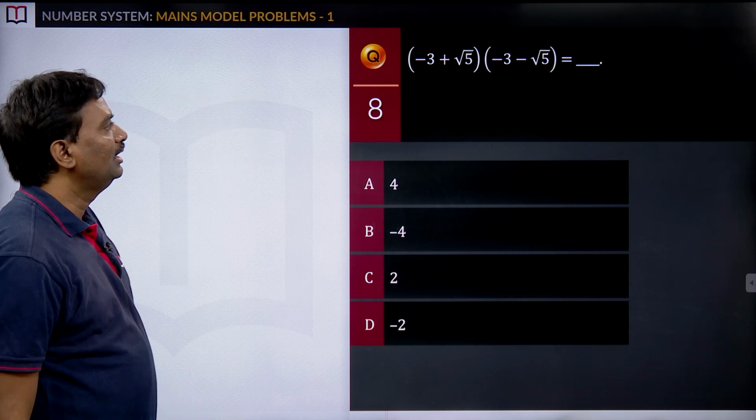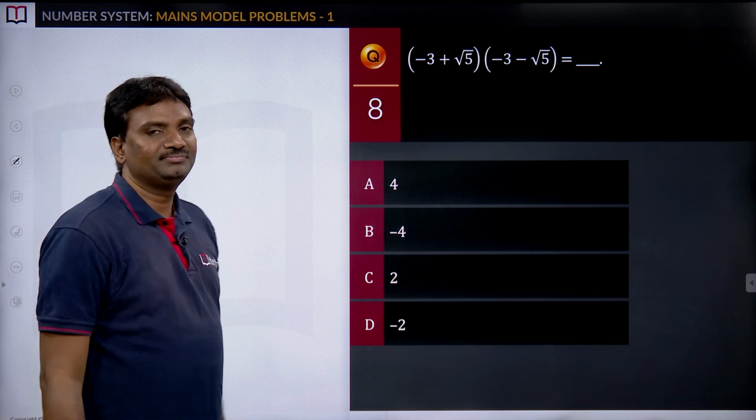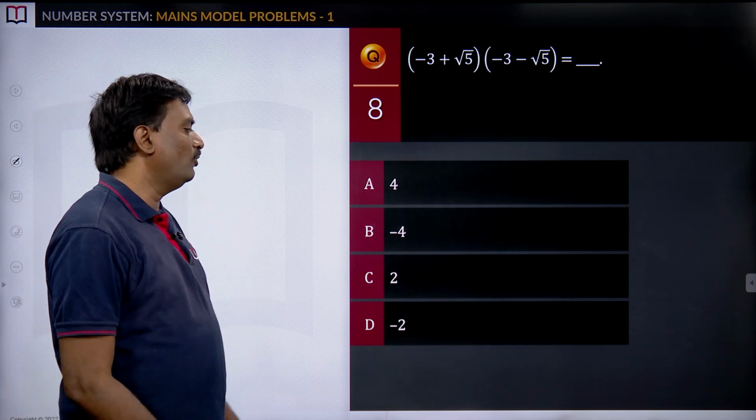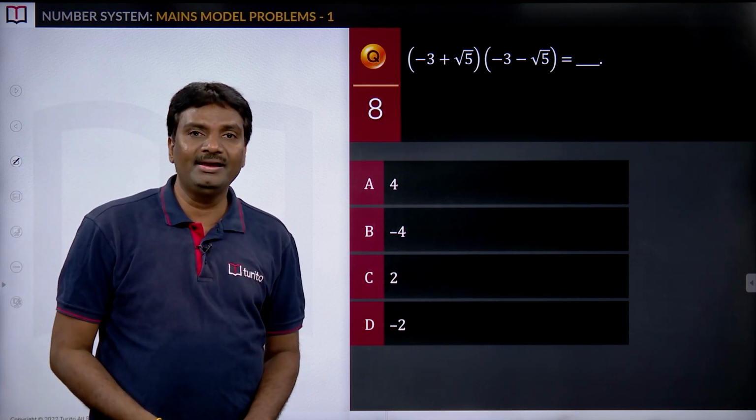Next problem. (Minus 3 plus root 5) into (minus 3 minus root 5) equal to. Options are 4, minus 4, 2, minus 2.